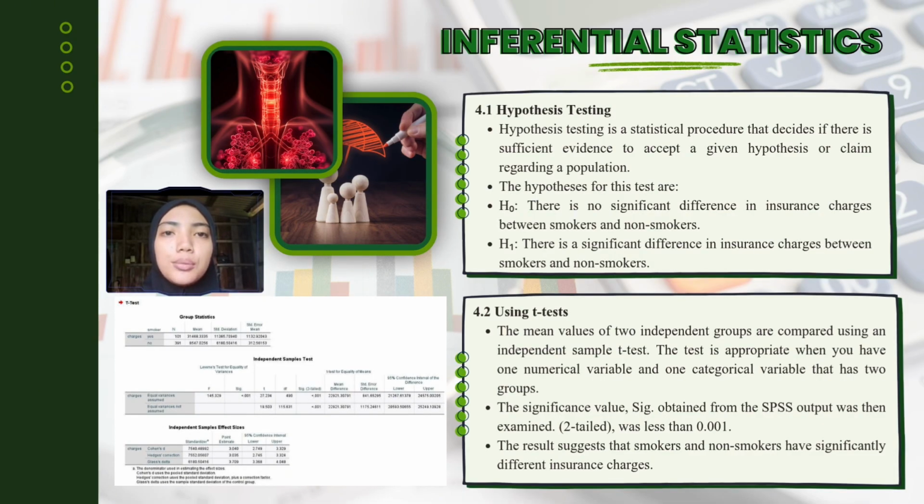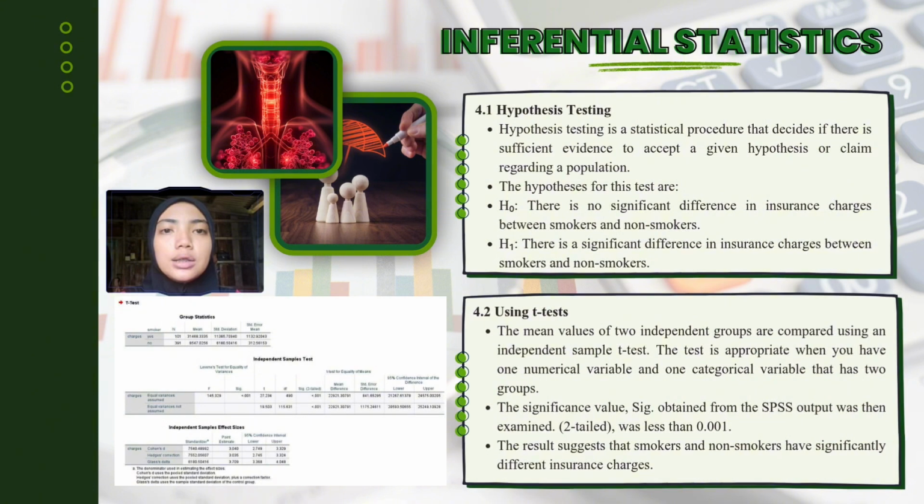In this study, hypothesis testing was conducted to examine whether there is a significant difference in insurance charges between smokers and non-smokers. The null hypothesis H0 states that there is no significant difference in insurance charges between smokers and non-smokers.